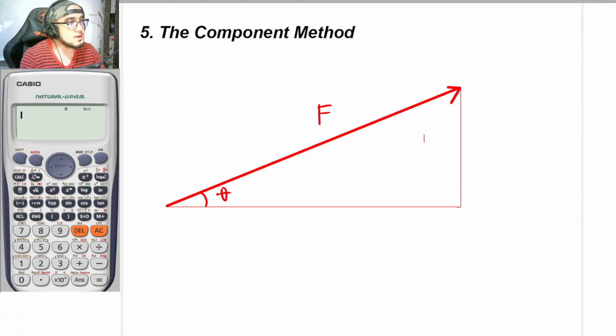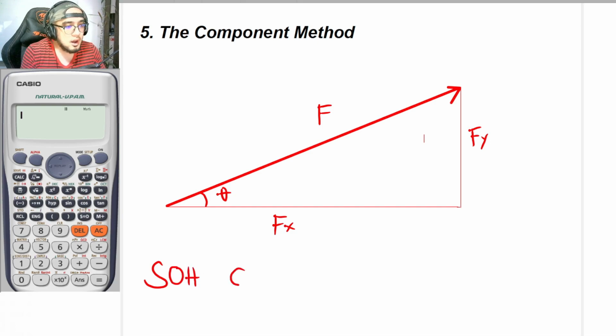So let's say that this is your Fy, for example, and this is your Fx, the x and y components of our magnitude F. From trigonometry, we can remember the abbreviation SOHCAHTOA. SOH means sine theta is equal to opposite divided by hypotenuse.